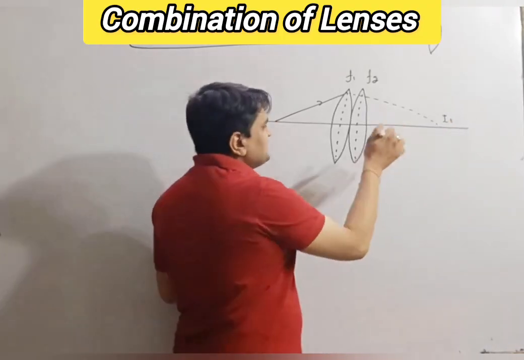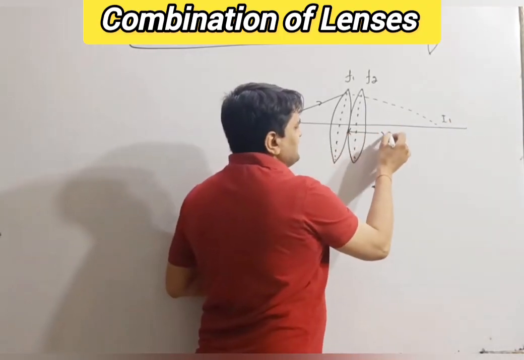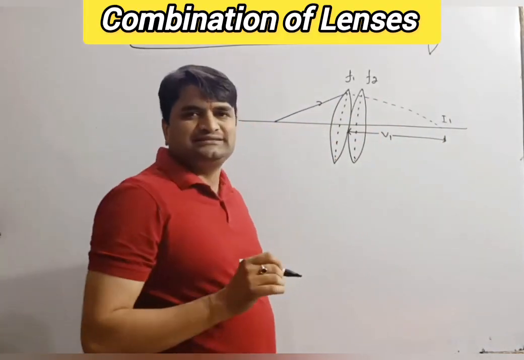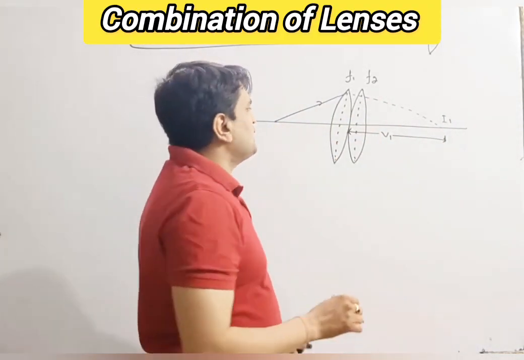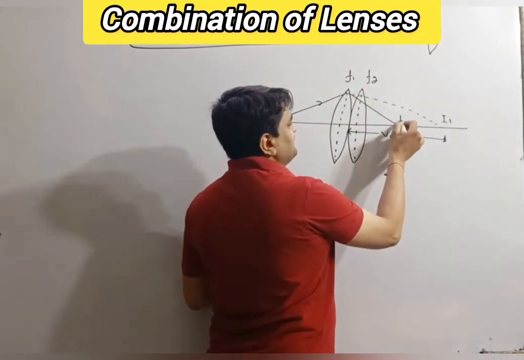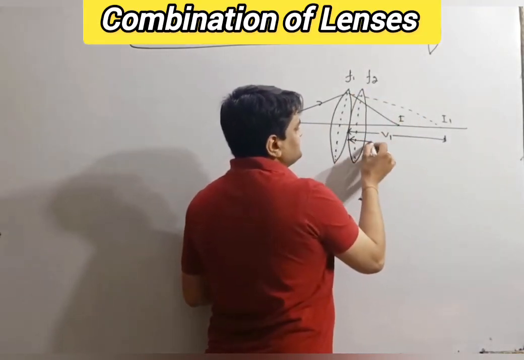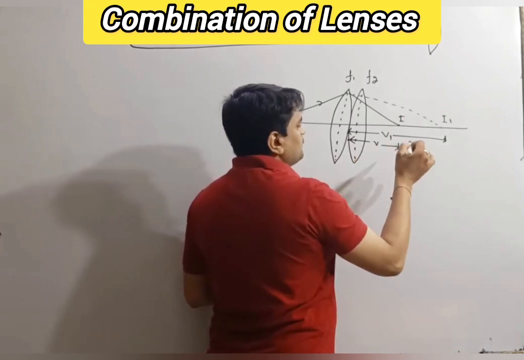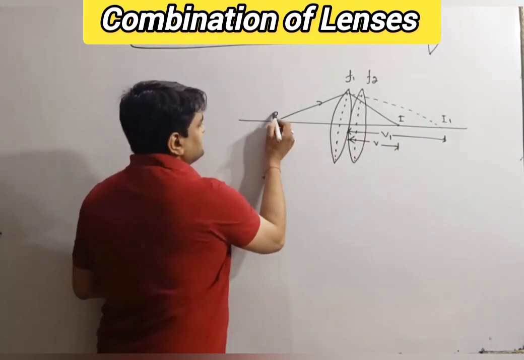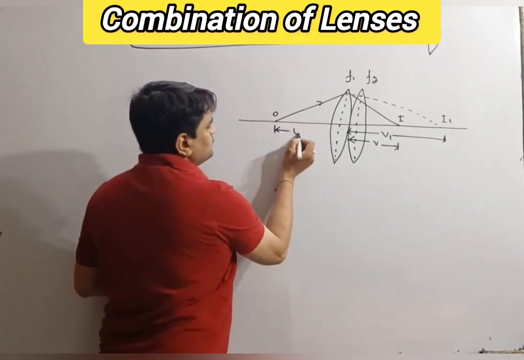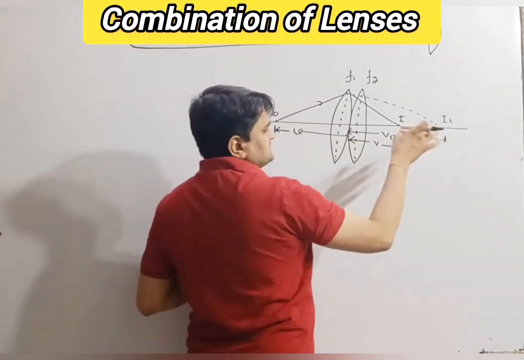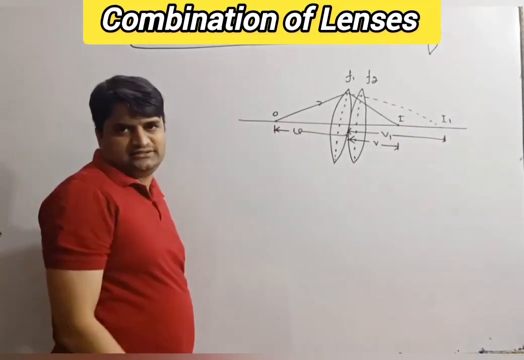This image will act as an object for the second lens and the final image will be formed here. Let it be I and its distance is V. Here is the object and its distance will be U. So we have the object distance, first image distance and second image distance.